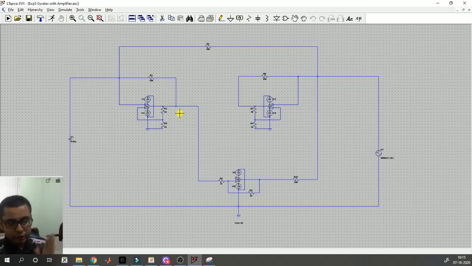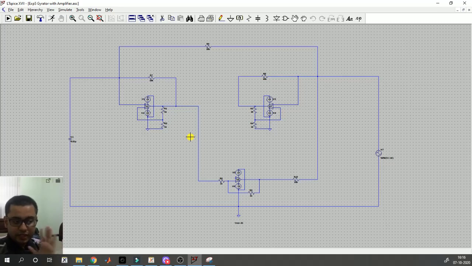Now in your lab manual, you will also find another circuit using op-amps, which you can understand if you know about op-amps a bit, not very difficult.